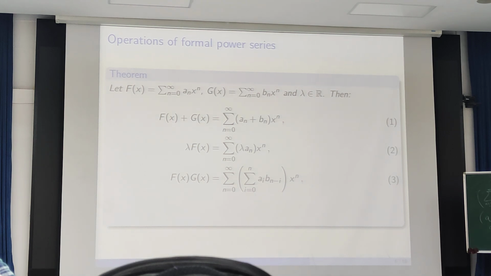Here you will get similarly a2 b0 x squared, etc. And then you notice that if you develop the product like this, and you sum by the column, then for the coefficient of x you get a0 b1 plus a1 b0.